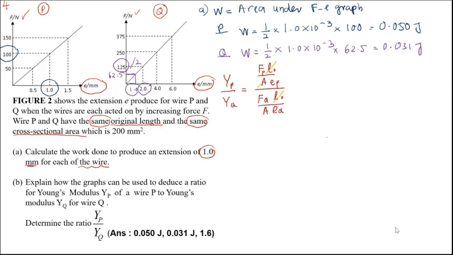The cross-sectional area can also be cancelled off. So if we cancel off these two, our equation will be FP per EP, per Young modulus Q, which is FQ per EQ.